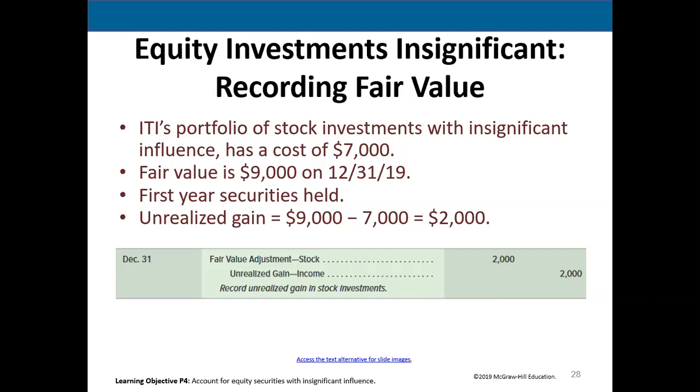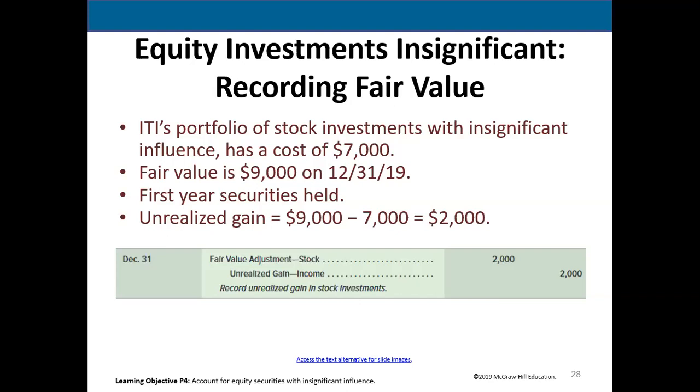So unrealized gain income means you're putting this $2,000 on the income statement, and then just like the debt investments, the equity investments will have a fair value adjustment stock account. Because we need to increase our stock investment account, it currently has a $7,000 balance in it because that's what we paid for the stock. We need another account next to it to increase it or decrease it to fair value. And that's the fair value adjustment account. Since we needed to have $2,000 more, we're going to debit that account.